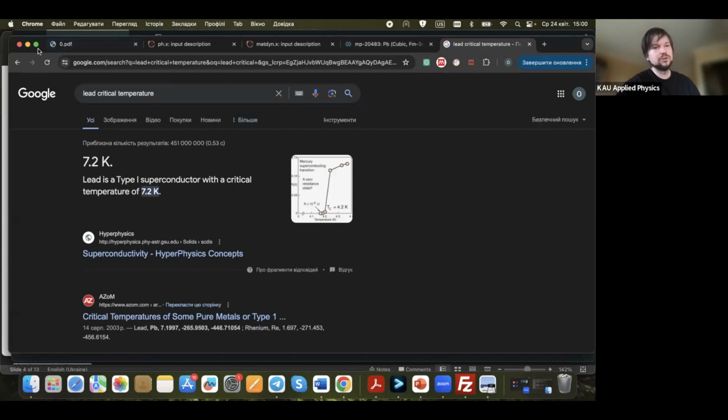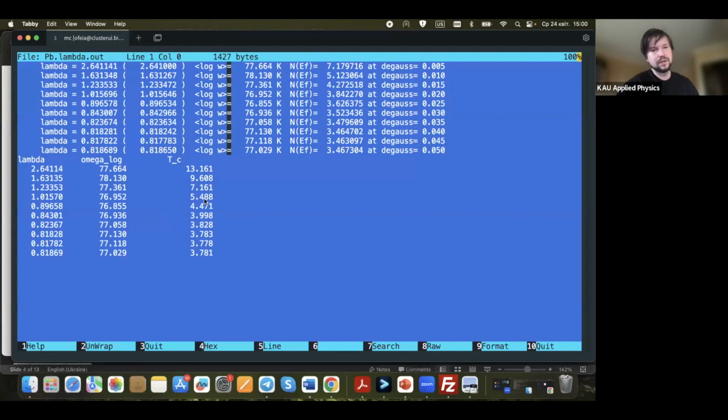Sure, yeah, 7.2. So maybe we should take even the third step. It doesn't converge ideally, but it's also in range. But you see, it's an estimation, and a rather good one, because we didn't get like 200 Kelvin.